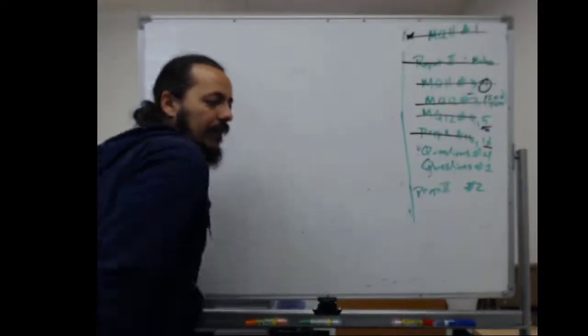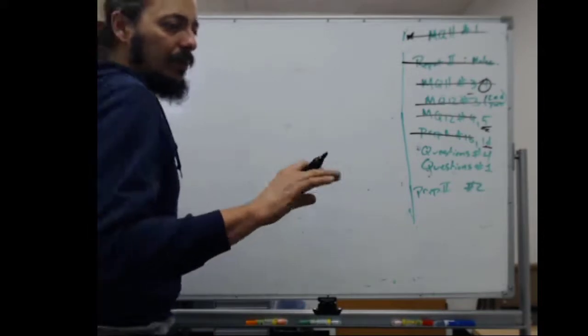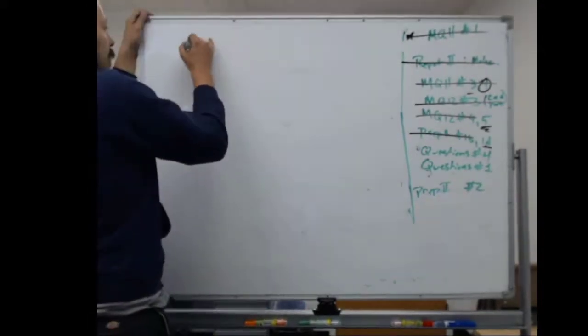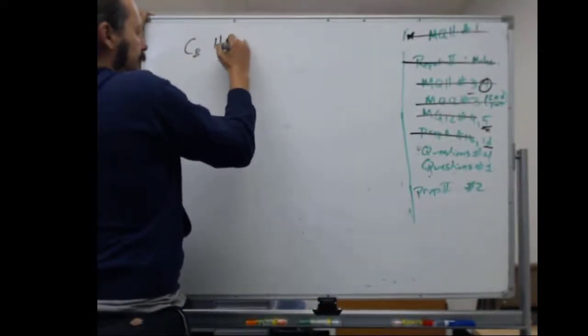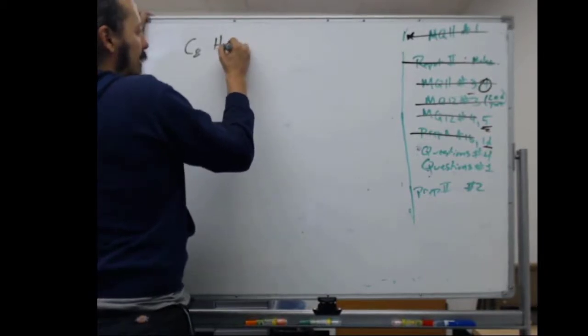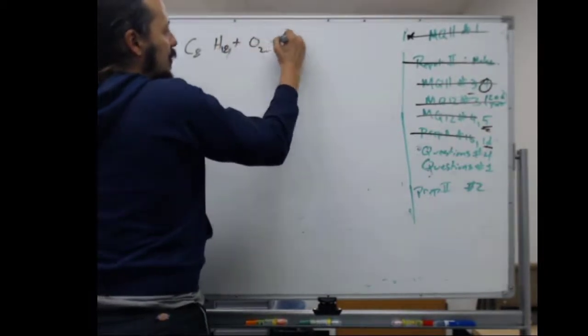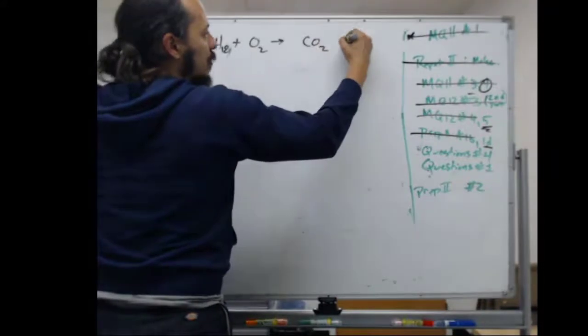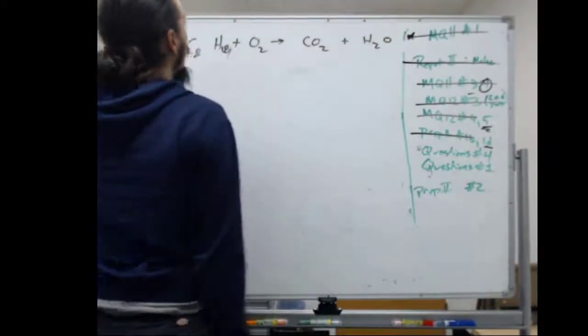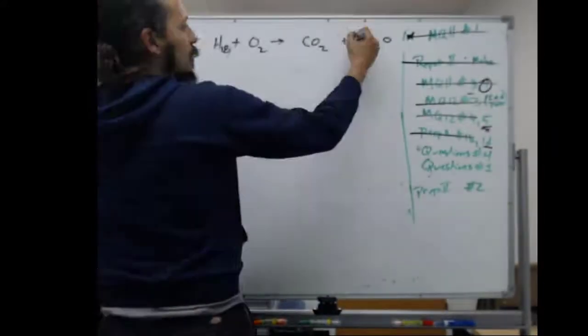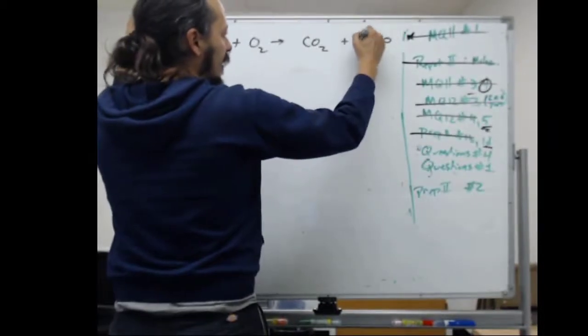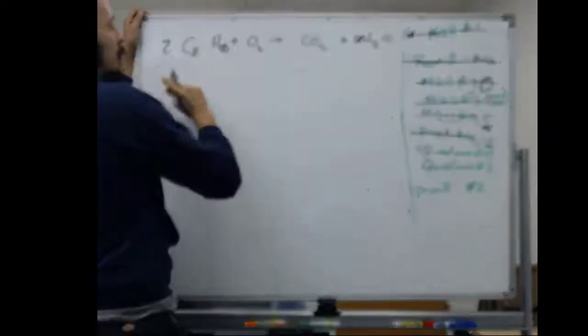I'm trying to find it. Okay, go ahead and pull that up. I'll do the problem that I've got in front of me, which is C8H18 plus O2 goes to CO2 plus H2O. Balancing coefficients, 18, 2, 16.